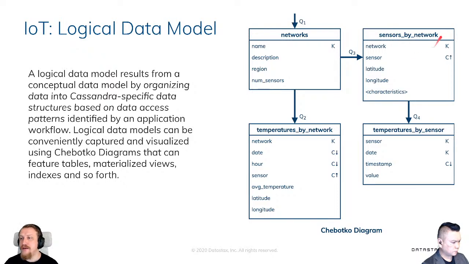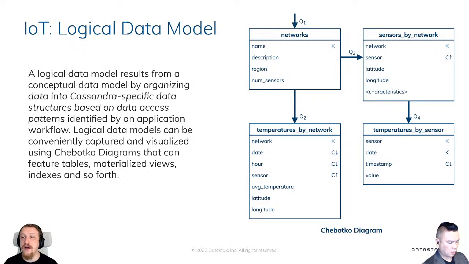When we think of the sensors by network list, in this case, sensors are grouped by network, and as you could guess, network is our partition key. When someone clicks on the button Show Network Sensors, we will show this, and all the sensors of this network are stored together in a single partition. What does that mean? It doesn't matter how many networks you have, maybe really a lot of them.